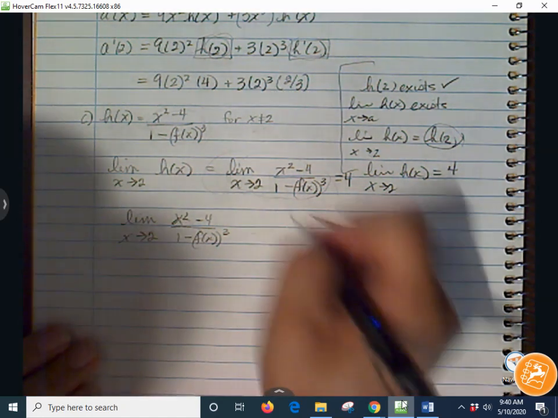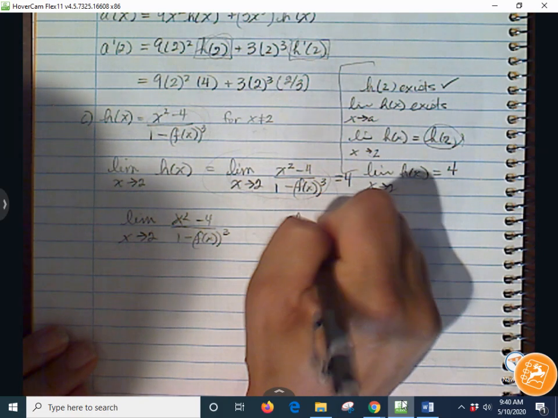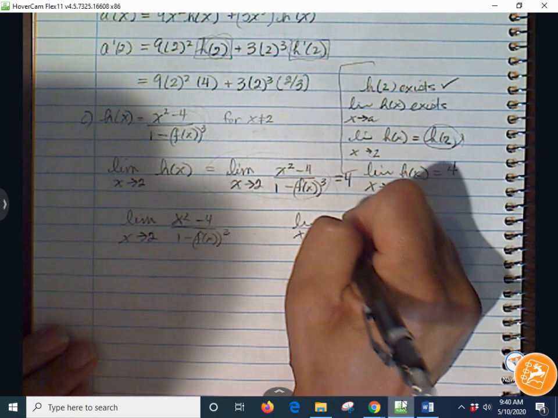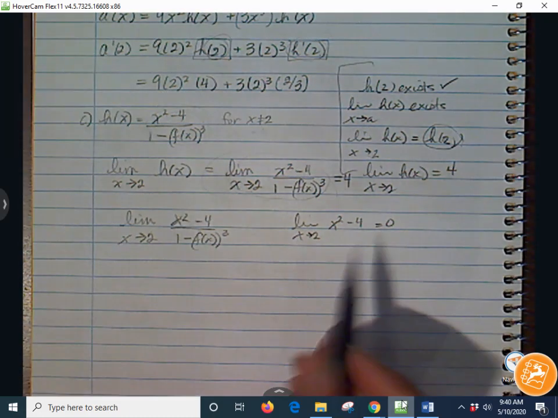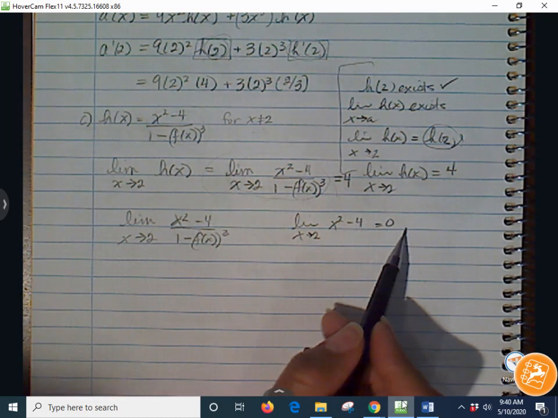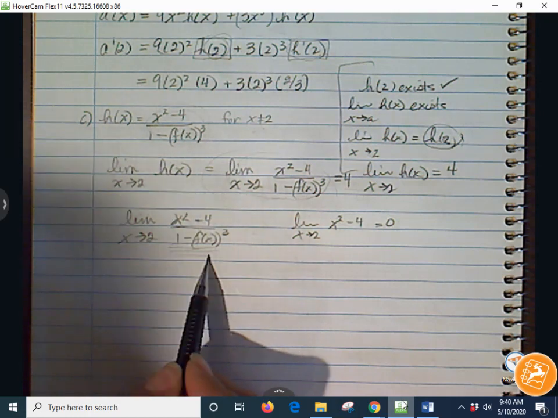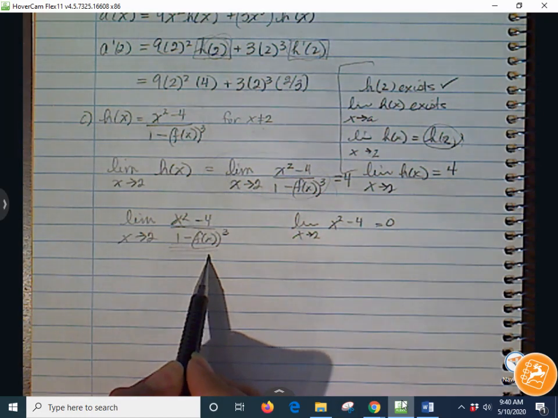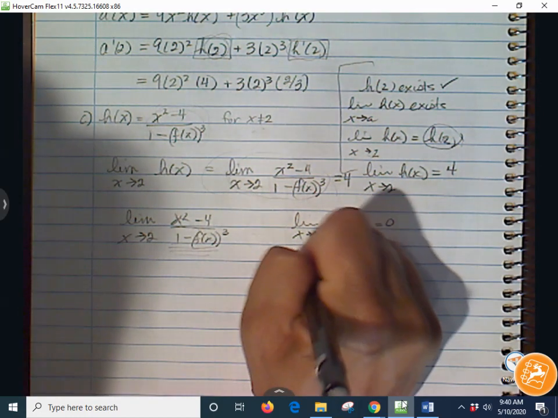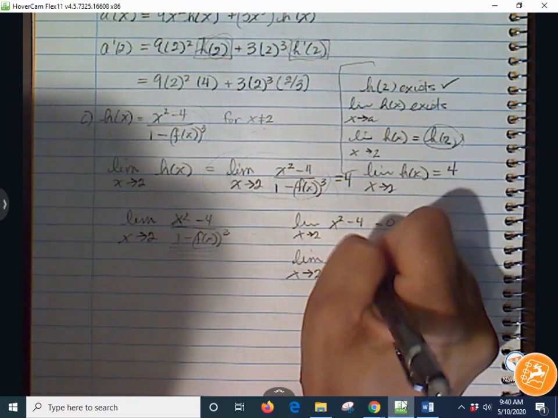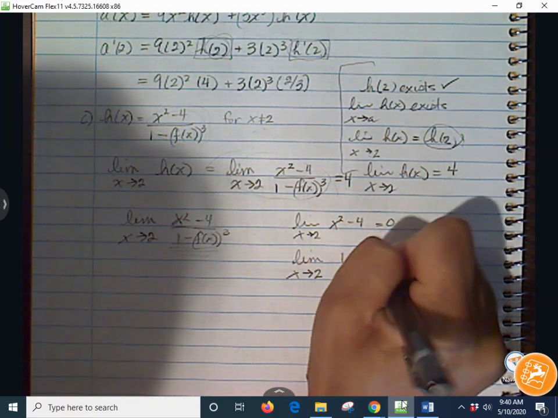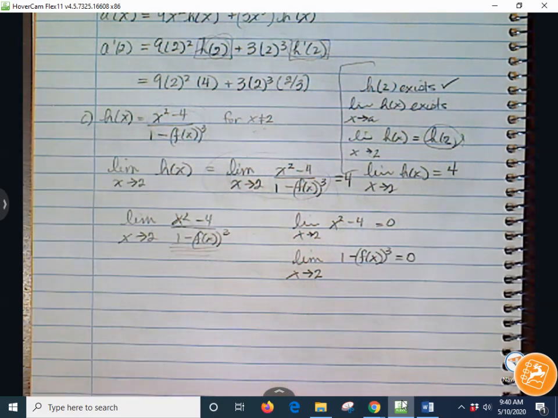Okay, so if I do limit as x goes to 2 of x squared minus 4, that will give me 0 in my numerator. So since that's going to give me 0 in my numerator, that means this has got to be 0, right? So then that means that limit as x goes to 2 of 1 minus f of x cubed has to also equal 0.